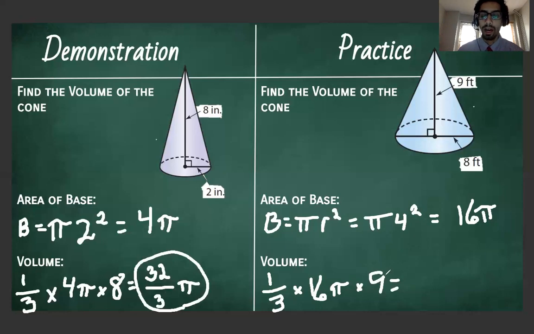I'm going to simplify this since I know I'm multiplying all the numbers together. This 3 is going to go ahead and cancel out. This is going to become a 3 because 9/3. And then I would just have 16 times 3, which gives me 48 pi. Now I would leave my solution just like that.